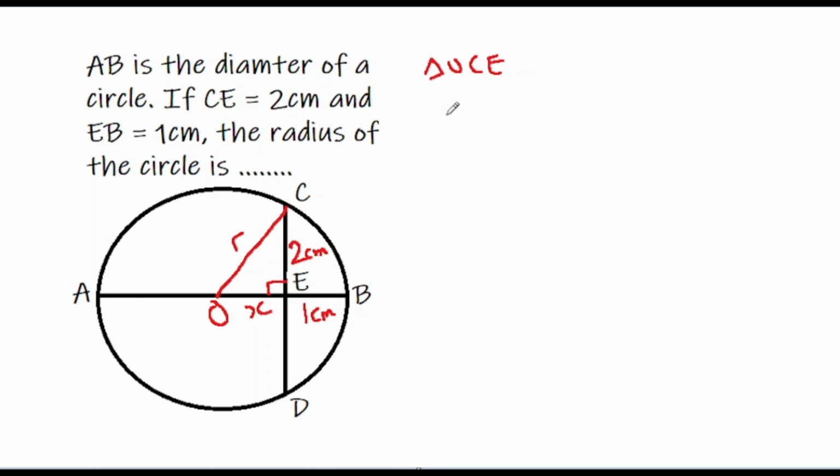So we can now use Pythagoras theorem, and it states that in a right angled triangle, the square of the hypotenuse side is equal to the sum of the squares of the adjacent side and the opposite side. Okay, so that makes r squared equal to x squared plus 2 squared. Okay, so what's our x?